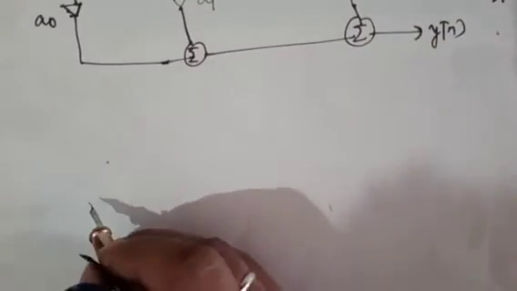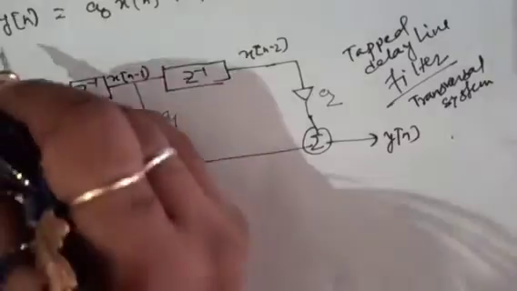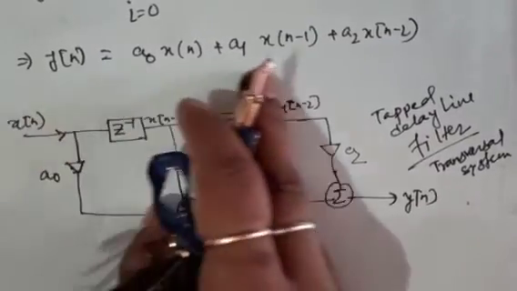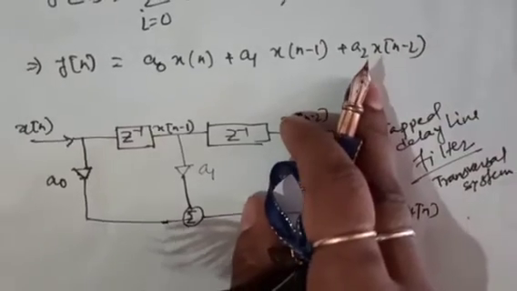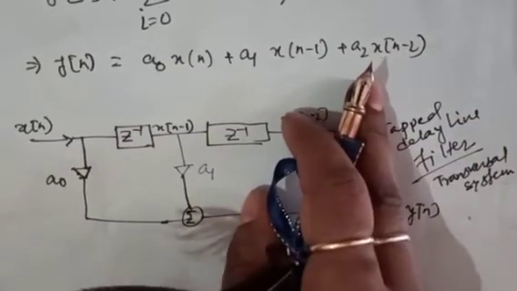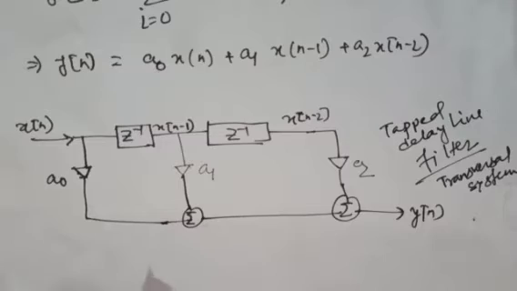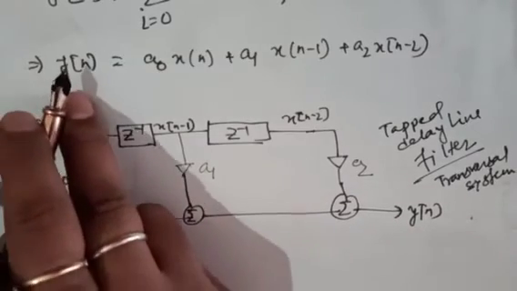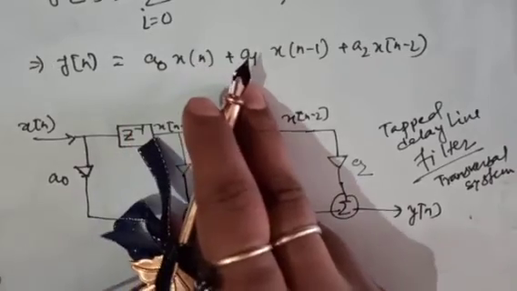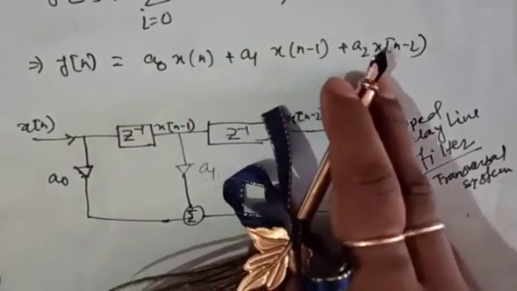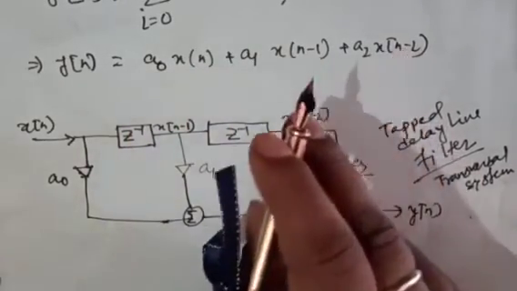So now let us modify this equation a little. In the above equation, you just replace n by n minus 1. So what will you get? y of n minus 1 is equal to a0 x of n minus 1, plus a1 x of n minus 2, plus a2 x of n minus 3.